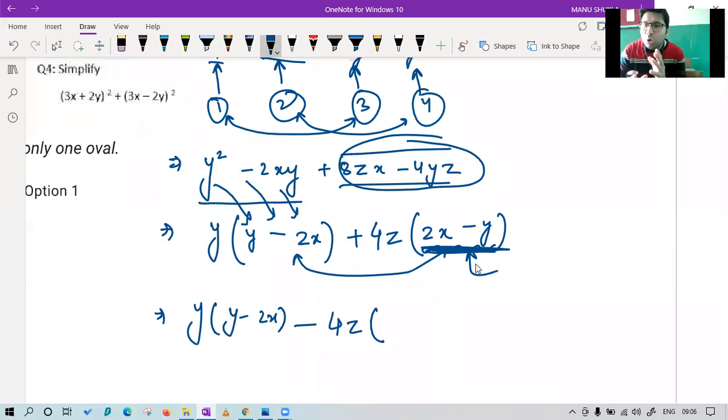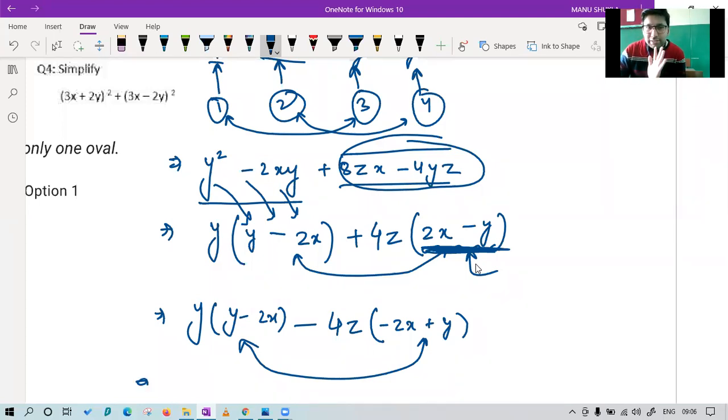And tell me now what is left inside. Yes, minus 2x plus y. And these two are exactly same because y minus 2x is same as minus 2x plus y. You have just reversed the order, that's it.